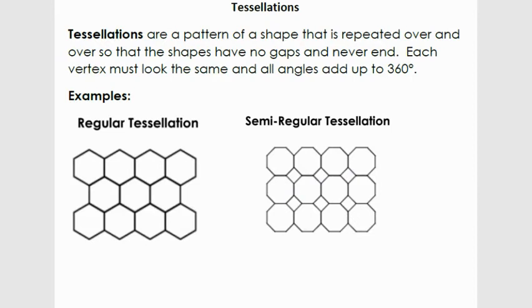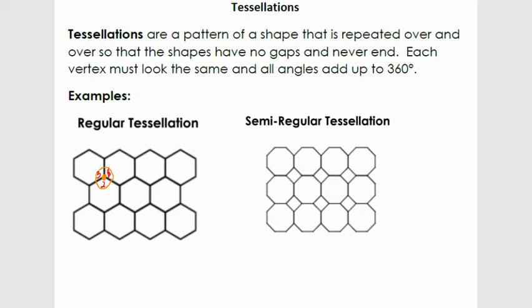Now remember, it said that at any given point where the vertices meet, they have to form 360 degrees. They have to fully cover all the open space. So if we add these 3 angles, 1, 2, and 3 together, they'll sum to 360 because they'll completely fill all of that space.